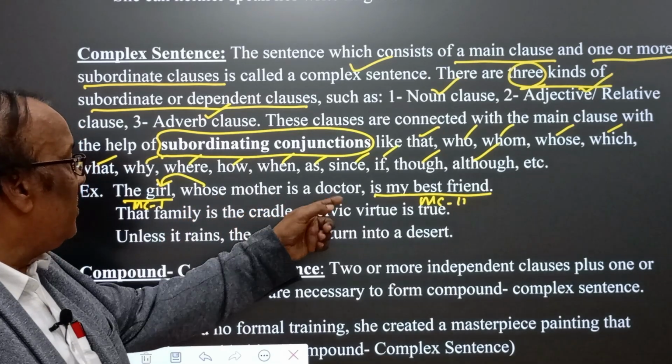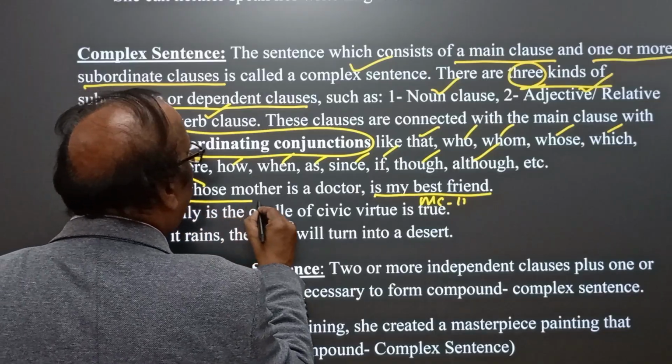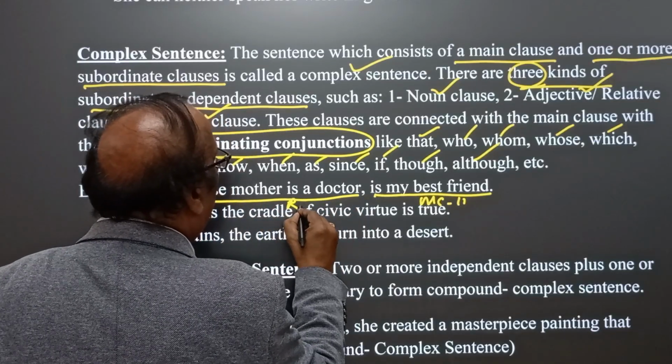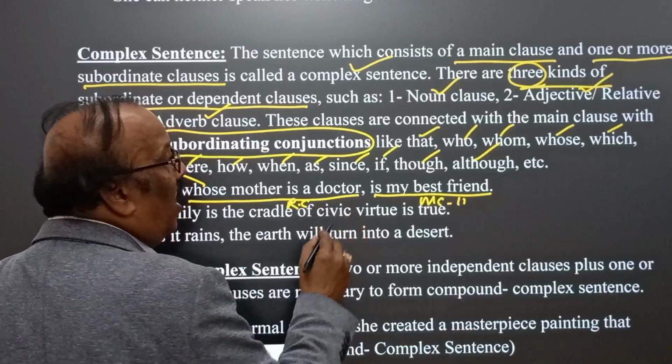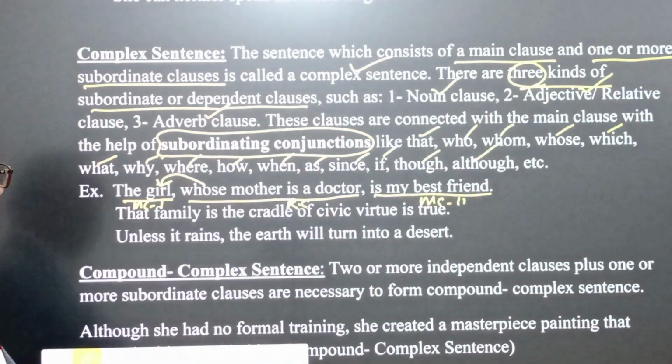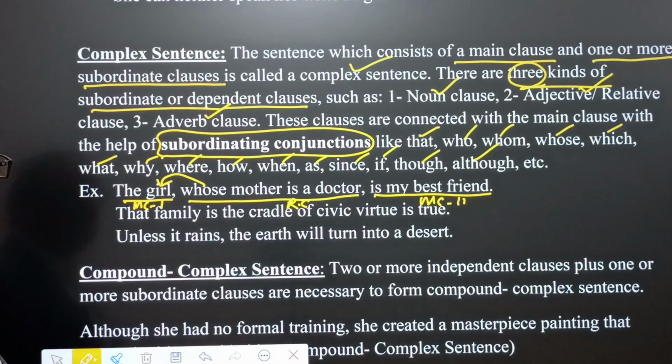Whose mother is a doctor is a relative clause, or adjective clause.